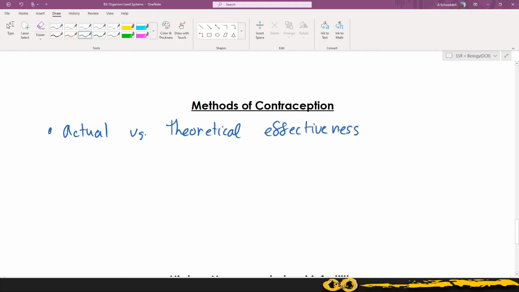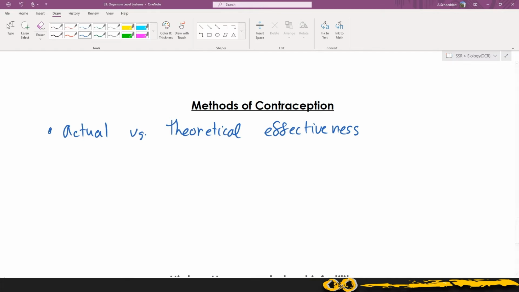If you think about these, the actual effectiveness is often lower than the theoretical effectiveness because it takes into account human factors. So, for example, not using the condom correctly or not taking the pill at the appropriate time. And so you might be asked about why there would be those differences there.